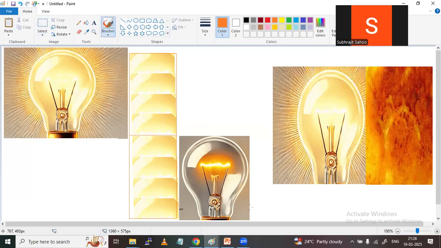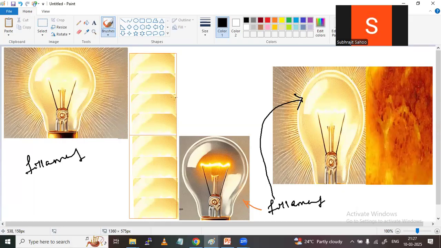I have taken one filament bulb here, this is the filament. Here also the same filament, and this one also I have taken a filament. And this is the hot source whose temperature is to be measured. This one and this one and this one.